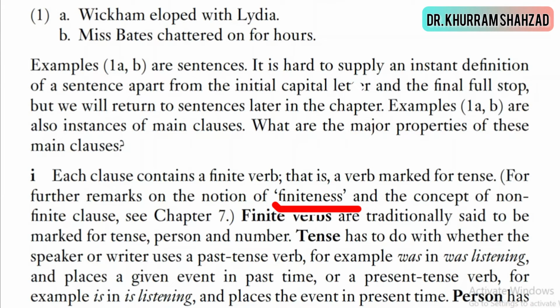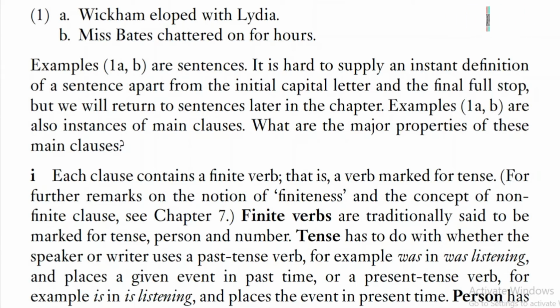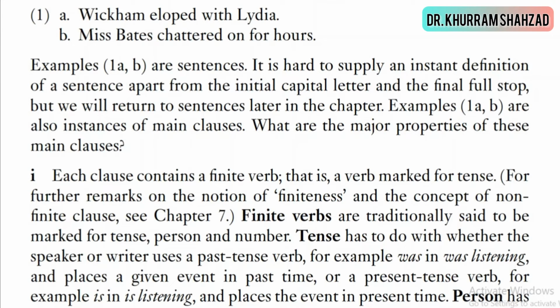All clauses, all sentences that we speak, talk about time. They tell us whether the clause is written or spoken in present tense, past tense or future tense. So eloped with Lydia is telling us that it is in past form. So the finiteness of the clause means that it is talking about time, and the time is past.